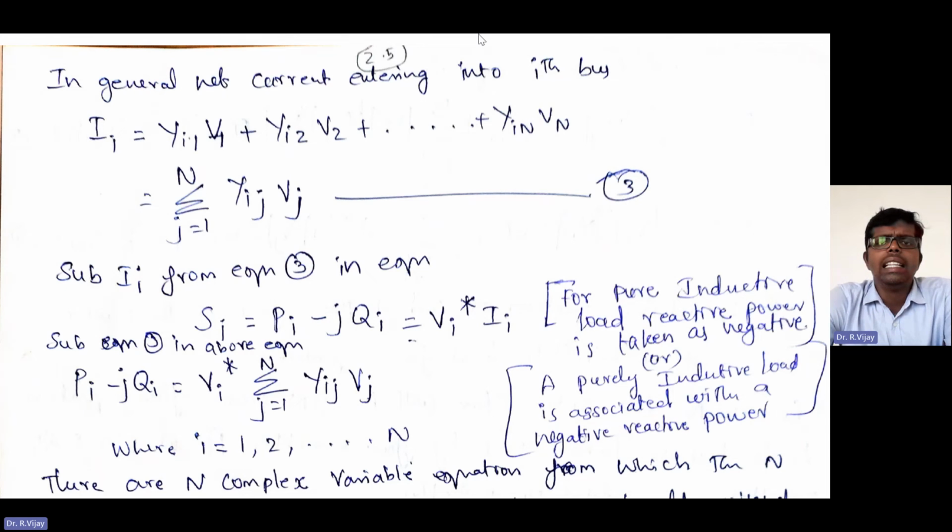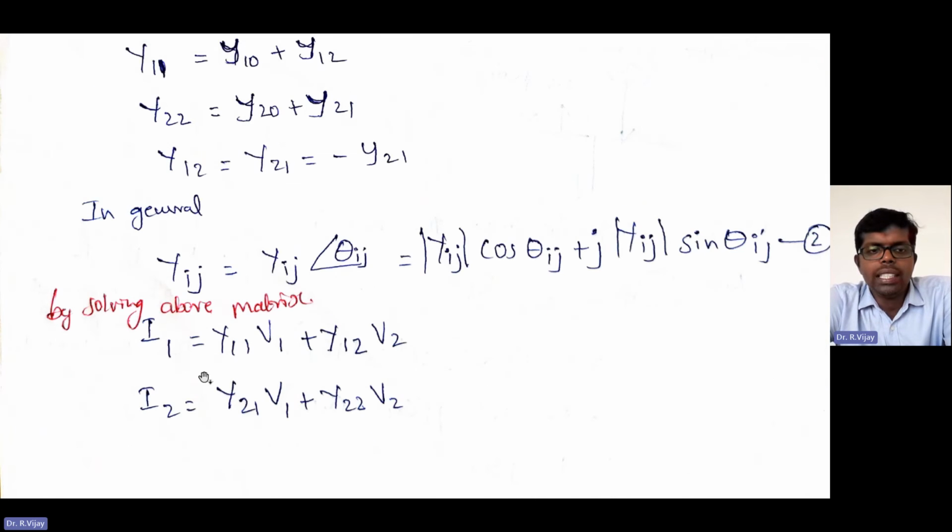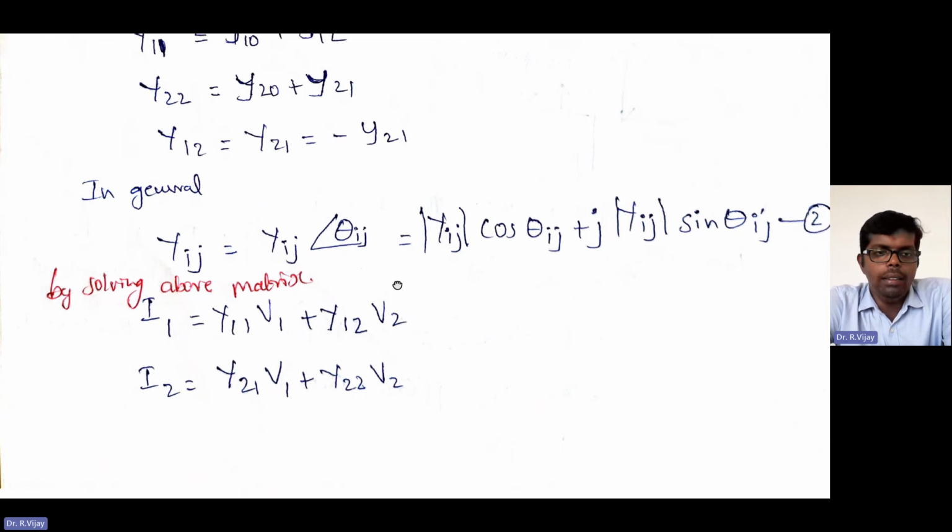In general, the net current entering into the ith bus. So these two equations are similar. What we are doing is just rewriting the above equation in a generalized form.